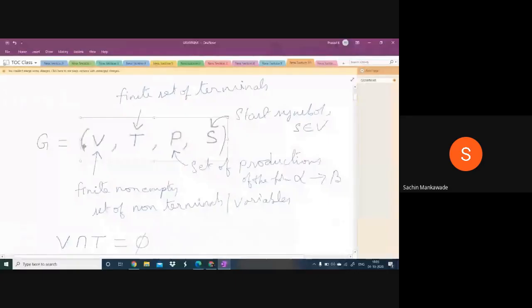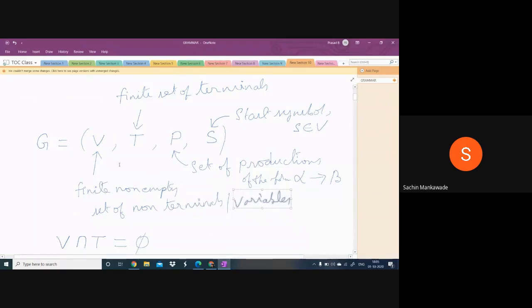V, T, P, S. V stands for the set of non-terminals. It is a finite and non-empty set of non-terminals. It will have a minimum of one and be countable, and whatever we take in this V, we call non-terminals, or we can call them variables also.